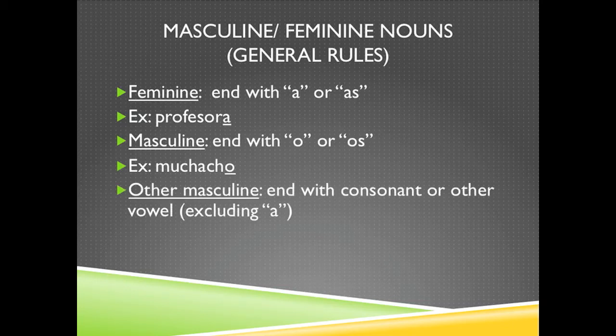Some other masculine endings are consonant or another vowel, excluding the A. So for the most part with an O. Here's some examples. Hombre, which means man in Spanish, and contador, which means accountant or male accountant.